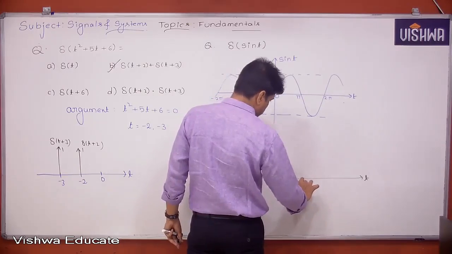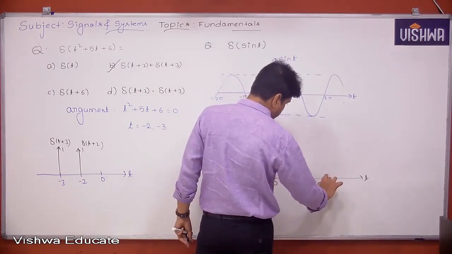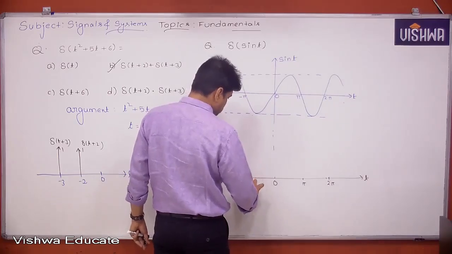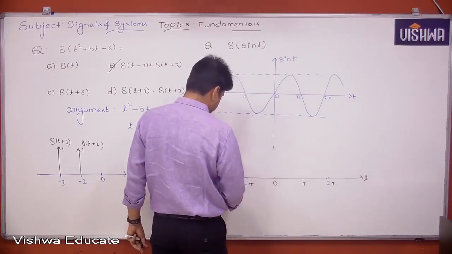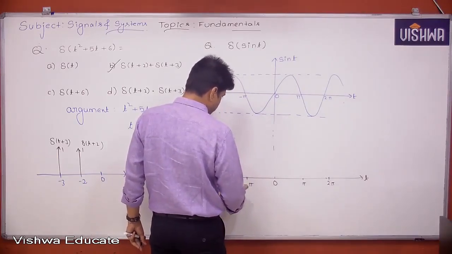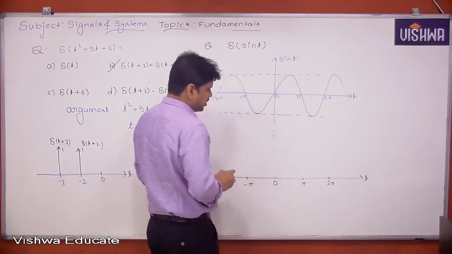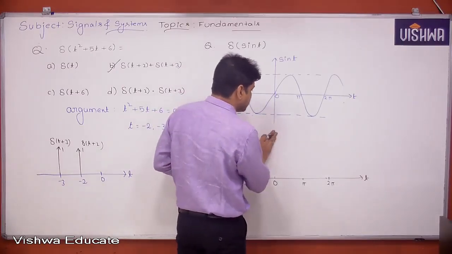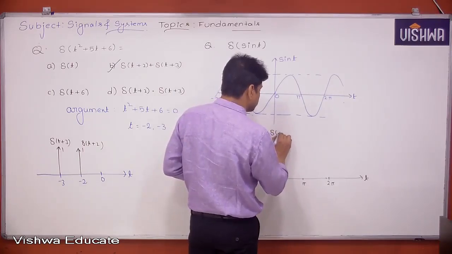0, pi, 2 pi and so on, minus pi, minus 2 pi, like that. So at these places sin t becomes 0, so delta sin t exists at those places.